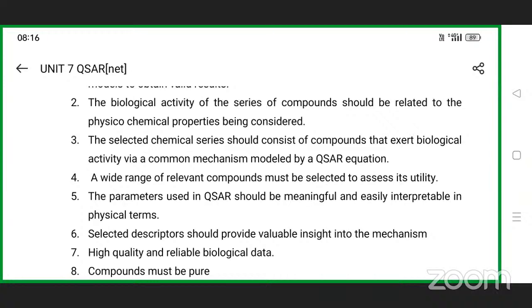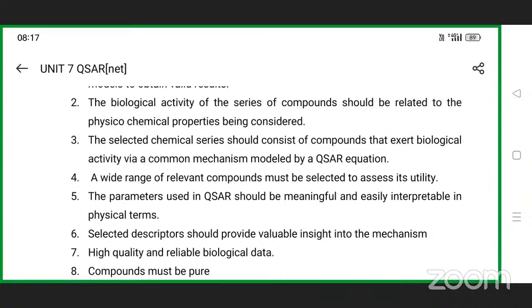The more compounds there are, the higher the probability of getting good results. So if that set has more compounds, then it provides some good results.